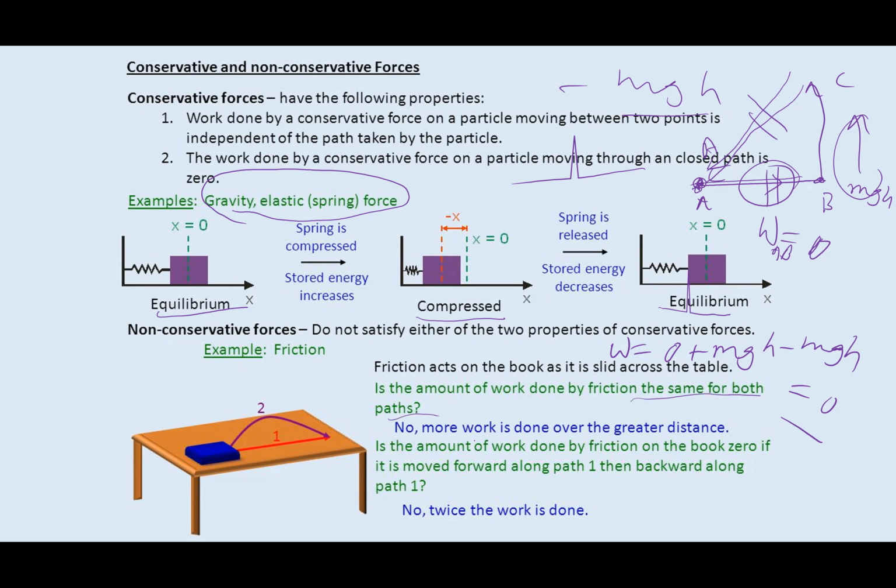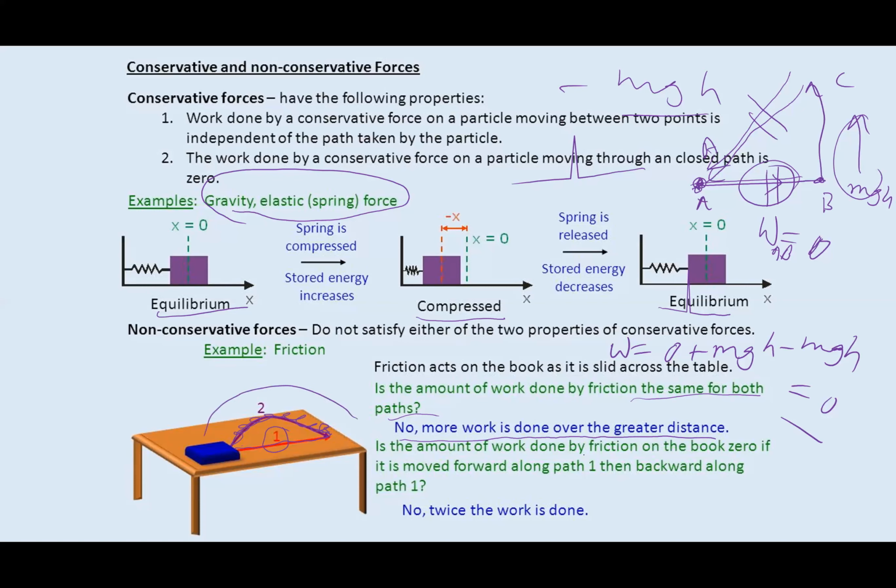No, more work is done over the greater distance. If you choose this path, path 1, work is done. If you choose this path, work is also done. In this case, work done will be maximum because it covers greater distance.